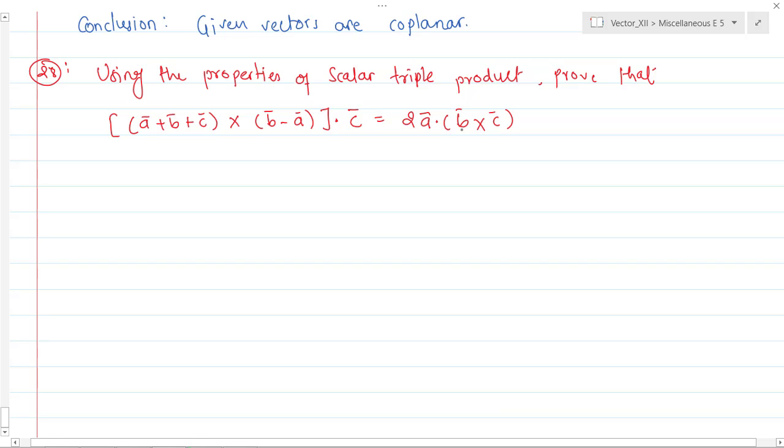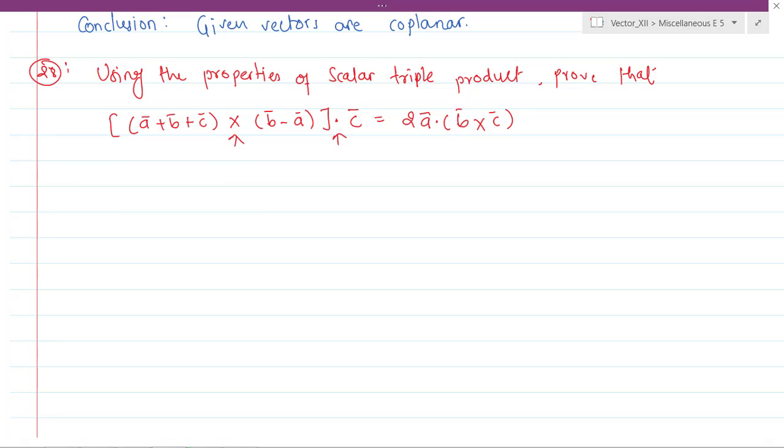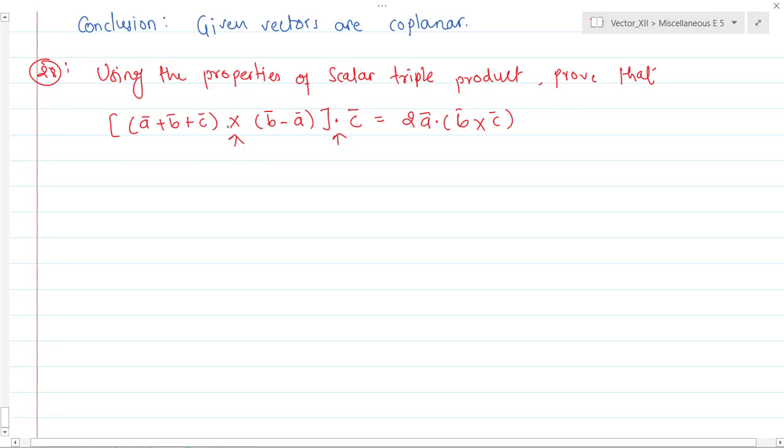Now what to do with this? This is a very simple question. See, the first property of the scalar triple product says that the interchange of the cross and dot does not affect the scalar triple product. I hope you remember this. Interchanging the cross and dot within the scalar triple product does not affect the overall box product.